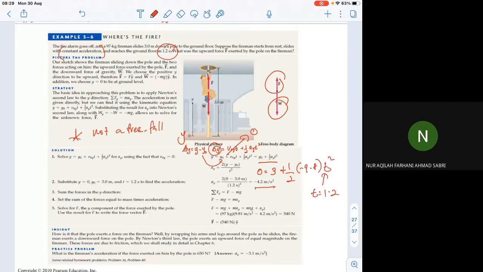So when you write down Fy, I'm using y because it happens on the y axis, equivalent to ma, because there is some acceleration in y. So we can write F minus W equivalent to ma.